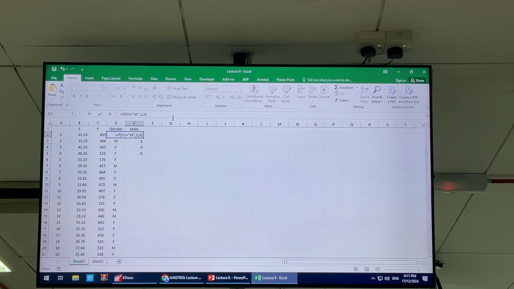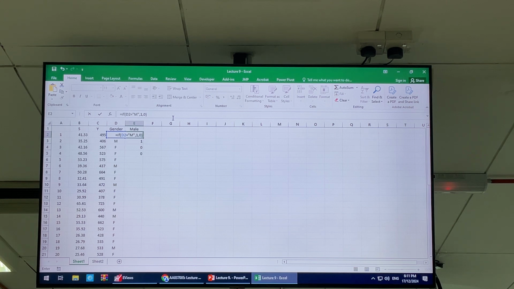This way, instead of assigning one by one, which is time consuming, especially with a large sample size of 1000 observations, where you would spend a lot of time assigning either 1 or 0 one by one.